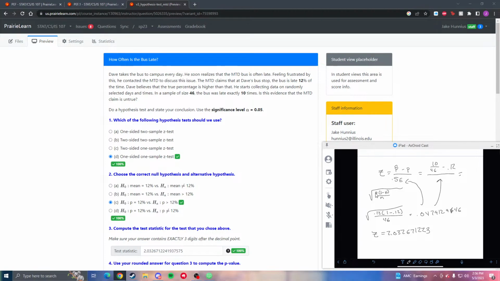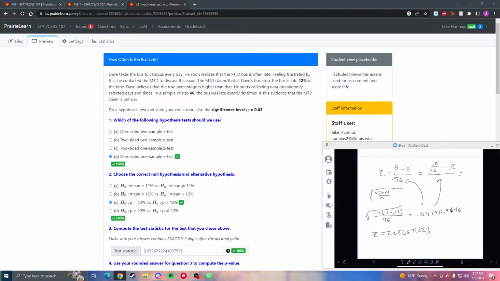The 12% is the proportion that the bus is late. So there's a 12% chance that the bus is going to be late. And we found using Dave's study that it's late 10 out of every 46 times. That's why we use p hat here, as we're trying to compare it.